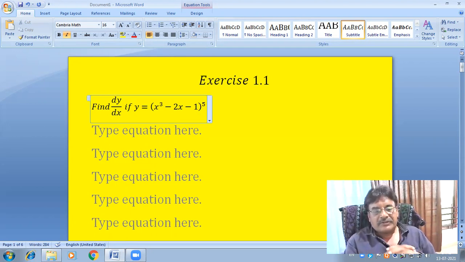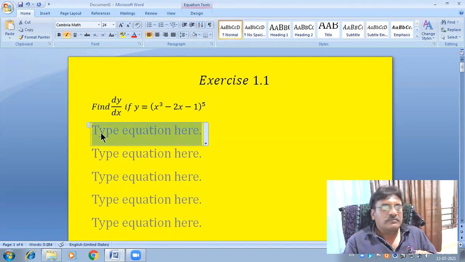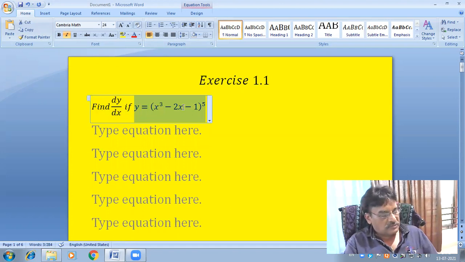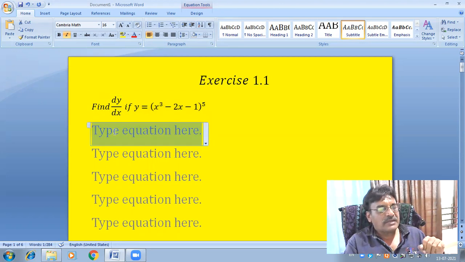We find the derivative of one simple function, and the function is given, y is equal to (x cube minus 2x minus 1) to the power 5, and we find the derivative of this function, that is dy by dx. It means differentiate the given function with respect to x. So first we write the given function, y is equal to (x cube minus 2x minus 1) to the power 5.